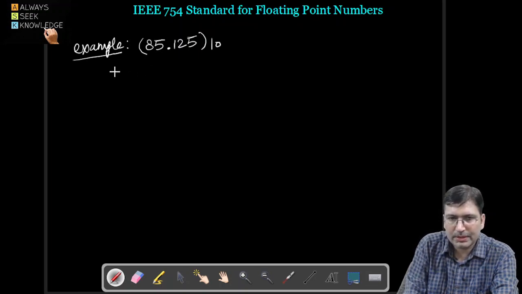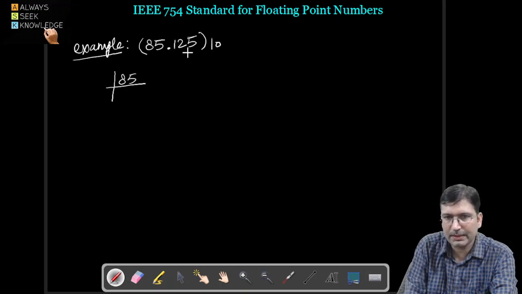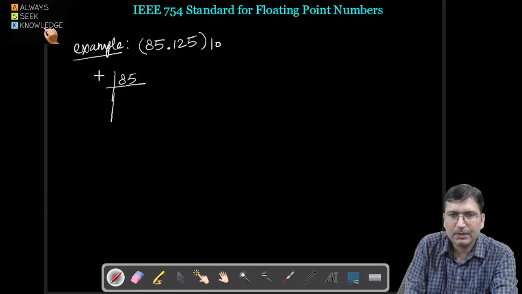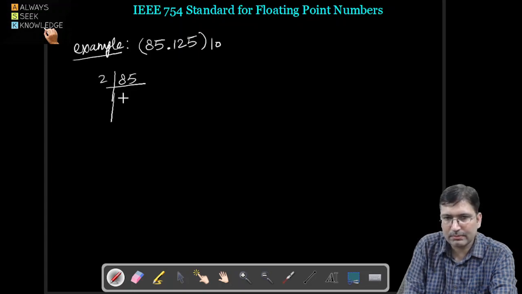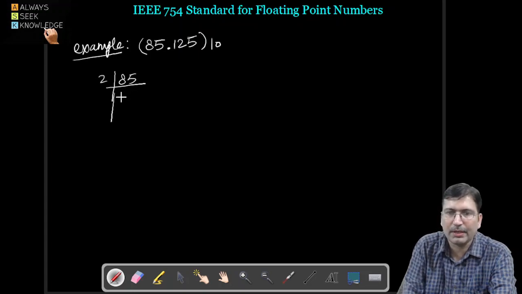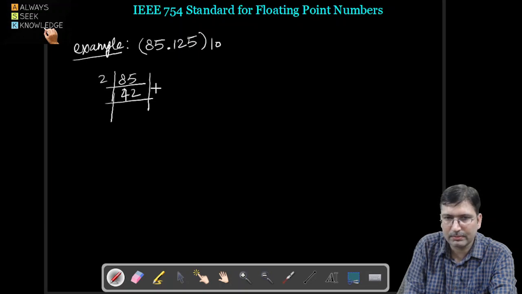You can start by taking the integer part and the fractional part separately. Here you can start finding the binary form. The remainder will come 1 here. Then again you will get 21, and the remainder will be 0. Then if you divide this value by 2, you will get 10, the remainder will be 1.